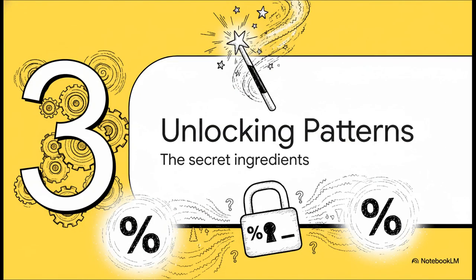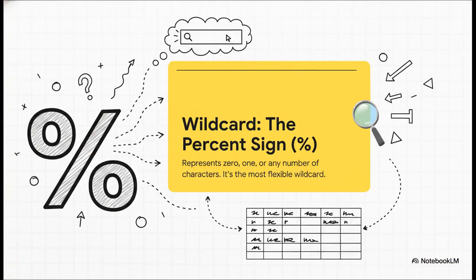So how does this actually work? Well, the real secret sauce behind the LIKE operator are these 2 special characters. We call them wildcards. First up, we have the percent sign. This is the one you're going to use most of the time. Just think of it as a super flexible placeholder. It can stand in for, well, anything. 0 characters, 1 character, 100 characters, it doesn't matter.